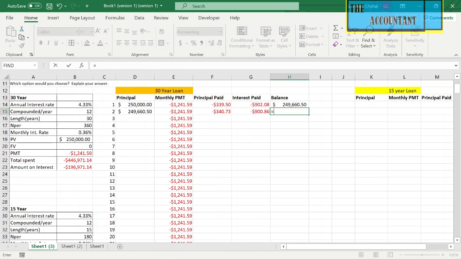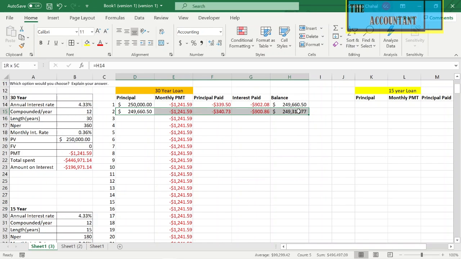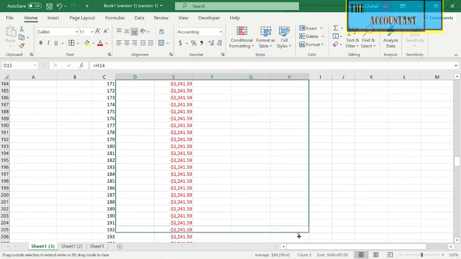So the balance is going to equal the principal plus the amount that was paid off of the principal. So now once you've completed this second line, you can just copy this formula all the way down to the table.